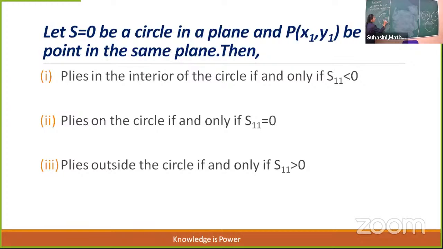When C is the center, we know that it is (-g, -f). And when R is the radius, we know that the value of R is root of g square plus f square minus c. Now, let us say the point is somewhere here inside the circle. Our condition is: let P(x, y) be a point inside the circle.